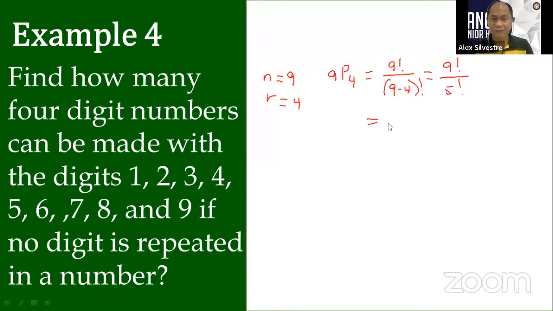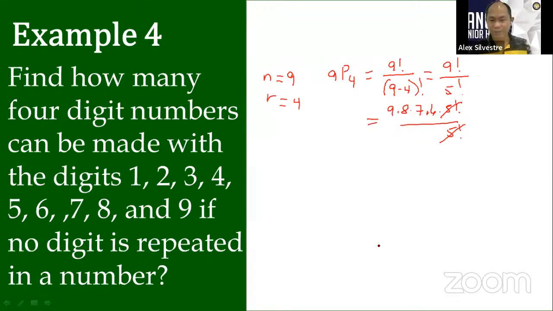Okay, so yung 9 factorial natin, no? So ito yung step-by-step process natin. So 9 times 8, 7, 6. O ngayon yung 5 factorial nyo, dahil may 5 factorial in the denominator, ayan yung 5 factorial, nandito yung 5 factorial, ayan, cancel. Ibig sabihin, you have only to multiply a number starting from 9 until doon sa 6 natin. 9, 8, 7, and 6.